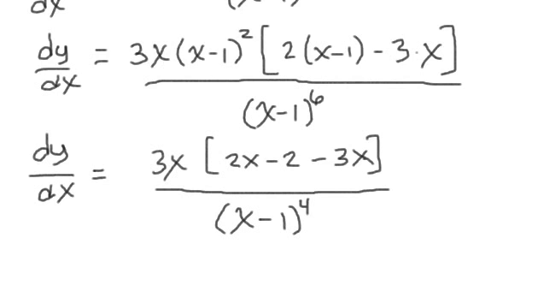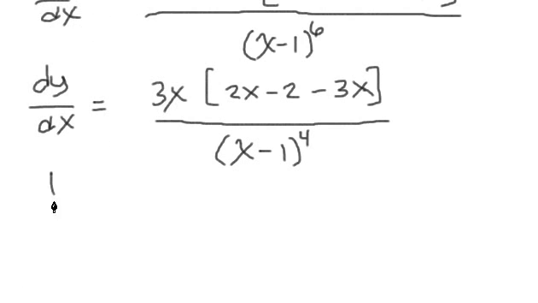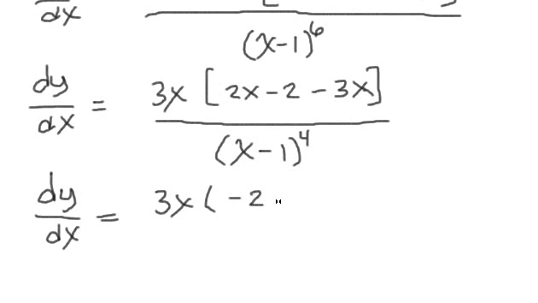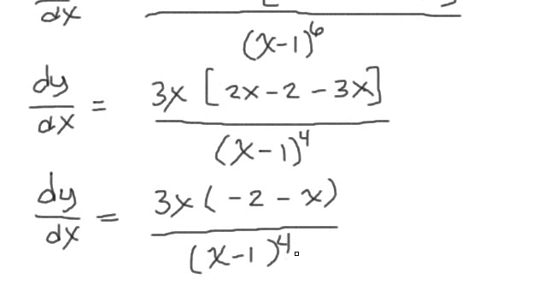And of course, we can still continue on with this. dy over dx is equal to, and then we have 2x minus 2 minus 3x, and that's going to simplify down to negative x minus 2, all over (x minus 1) to the 4th.